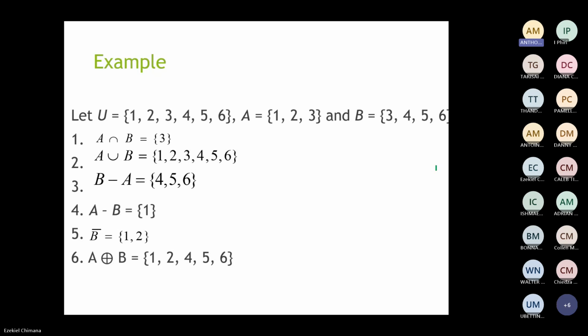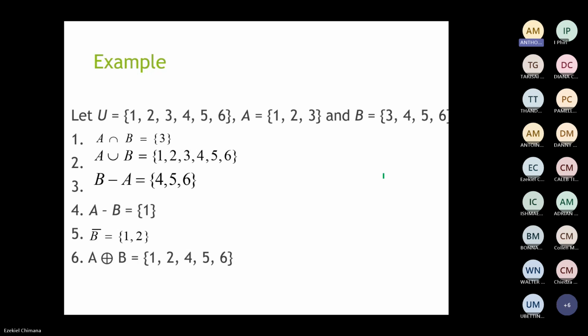In the second, the union of A and B is 1, 2, 3, 4, 5, 6. And the third set, B minus A, is 4, 5, 6. And number 4, A minus B, is 1. B complement is 1 and 2.